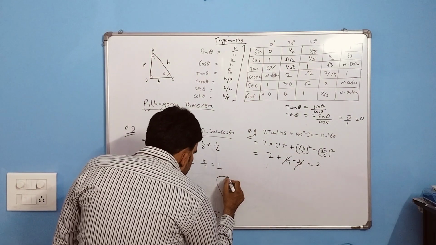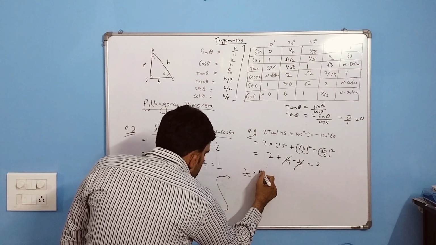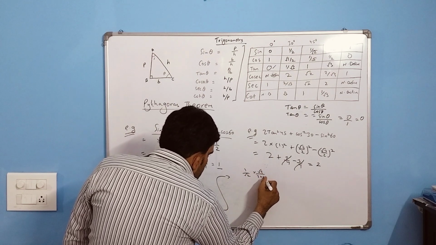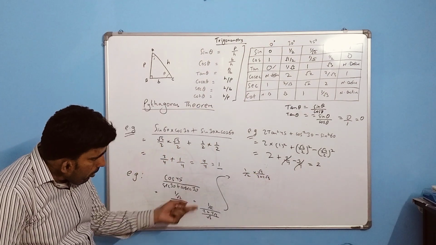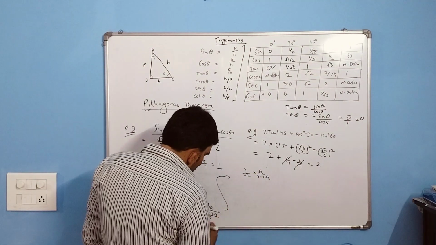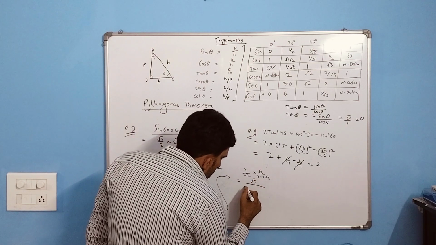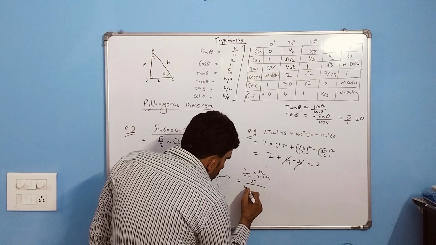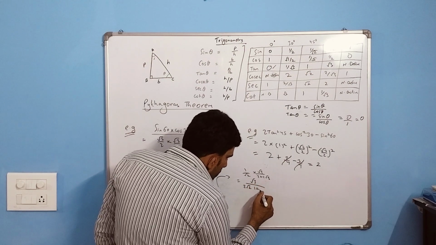You can solve here 1 upon root 2 into root 3 upon 2 plus 2 root 3. So that is how you will be able to solve this. Now what you got? Root 3, and here, if I take 2 common, you will find 1 plus root 3.